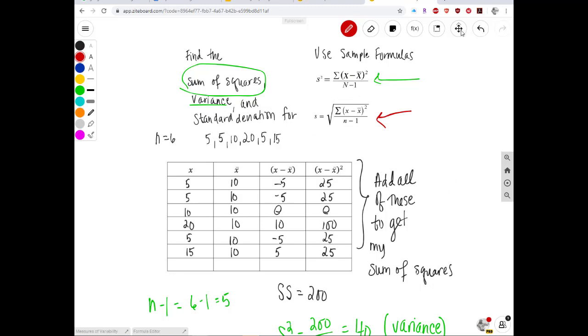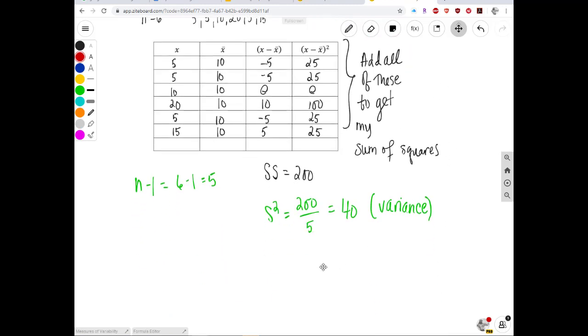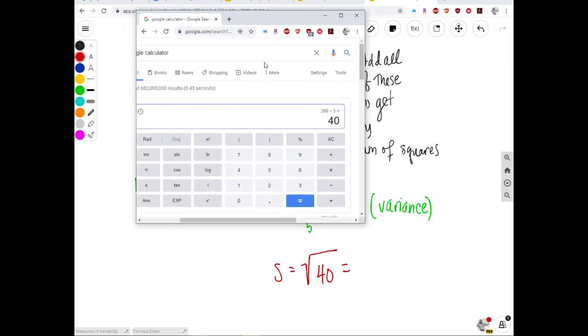So I'm going to come back down here and take the square root of 40. And if I put that into the calculator, and we'll just round to hundredths, my standard deviation is 6.32.